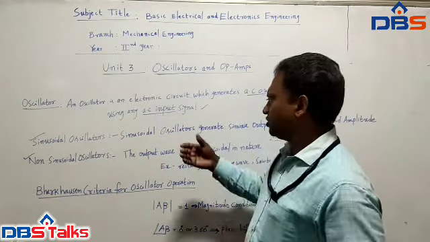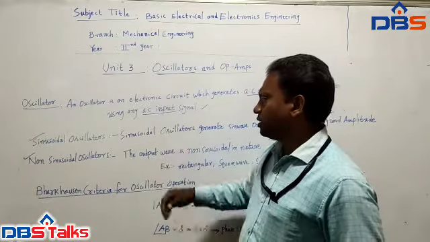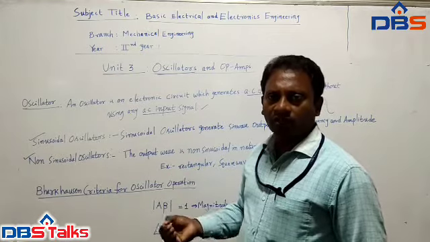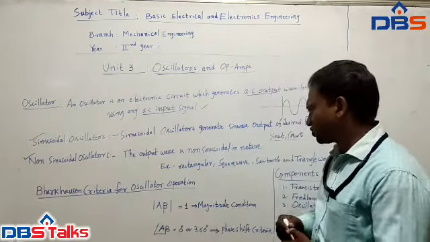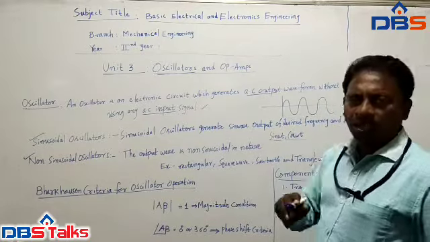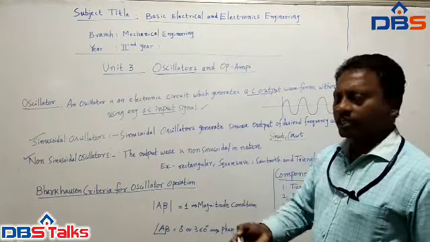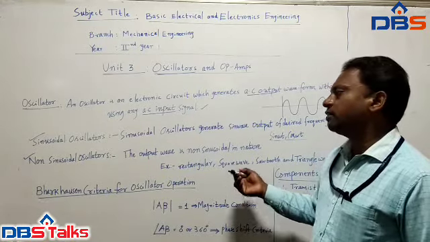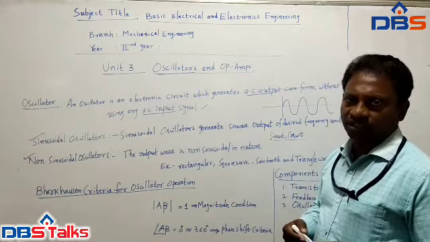You can understand them from the previous one. If the output of the oscillator is a non-sinusoidal waveform like a square waveform, rectangular waveform, sawtooth waveform or triangular waveform, any type of non-sinusoidal signal in the output of the oscillator, then we say that they are non-sinusoidal oscillators.